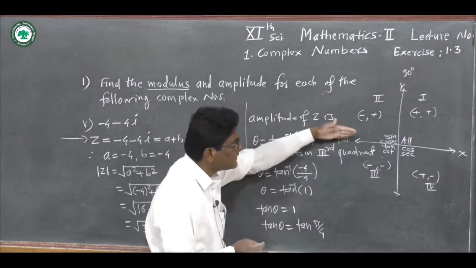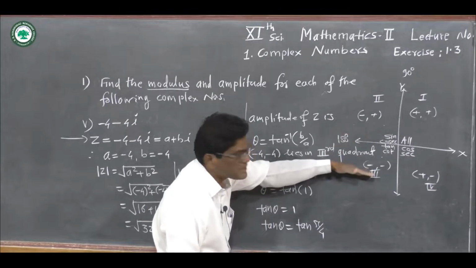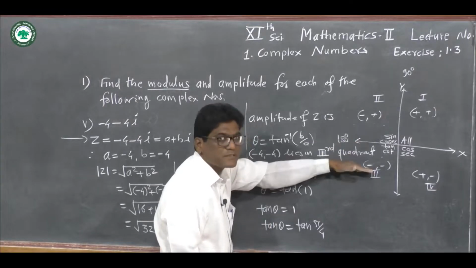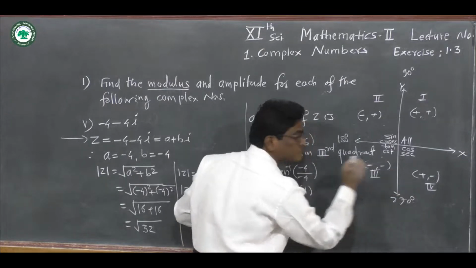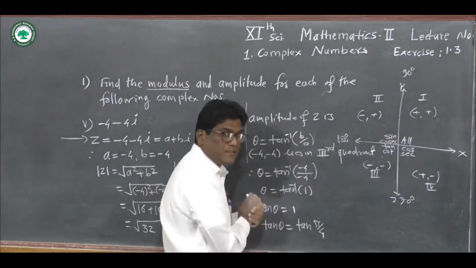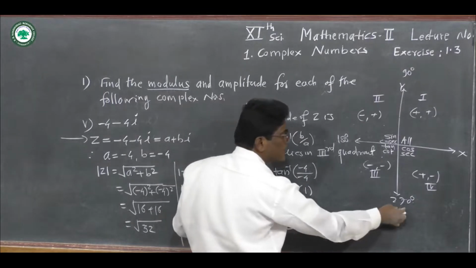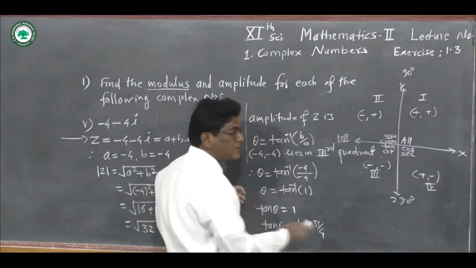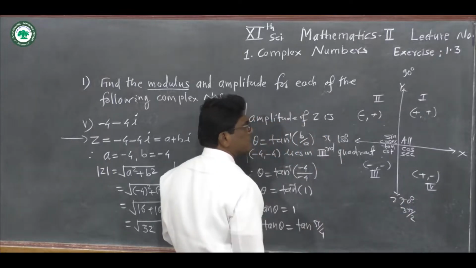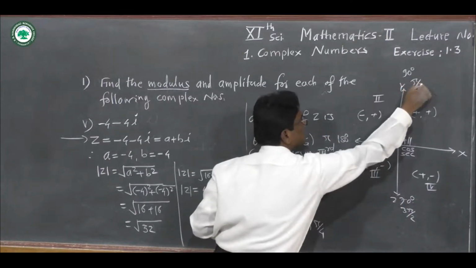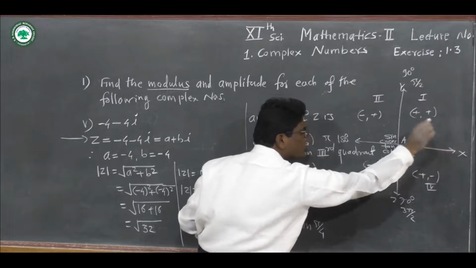In the third quadrant it is pi plus angle, 180 plus, the third quadrant is from 180 to 270 degree. 180 means pi radian, 270 means 3 pi by 2. Here it is 3 pi by 2 and here it is pi. Here it is pi by 2. Here it is 0 or 2 pi.